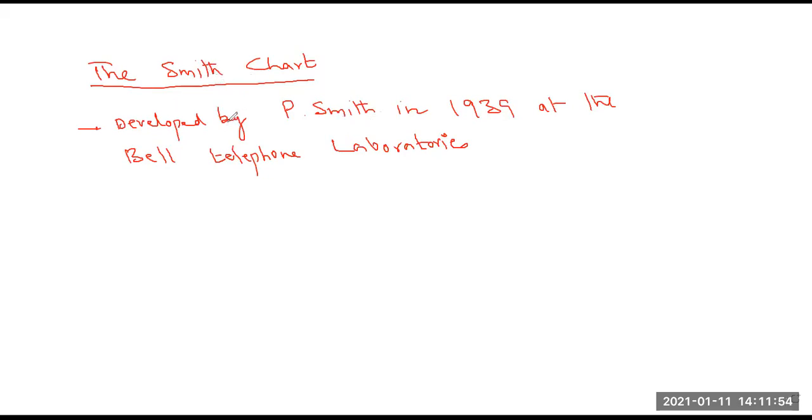Now, what is basically the Smith chart? Step by step, I can talk about the main features of the Smith chart. If you describe the Smith chart in very simple terms, you will say that it is just a graphical tool.